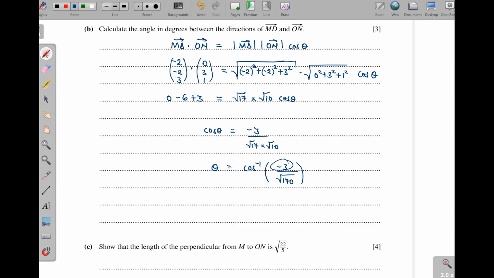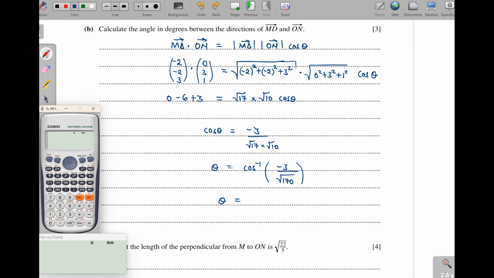Now since this one is a negative, the answer is going to be an obtuse angle that is in the second quadrant. So when these two intersect, we can get an acute angle here or the obtuse angle here. So what we get here, your calculator must be in degrees, okay?